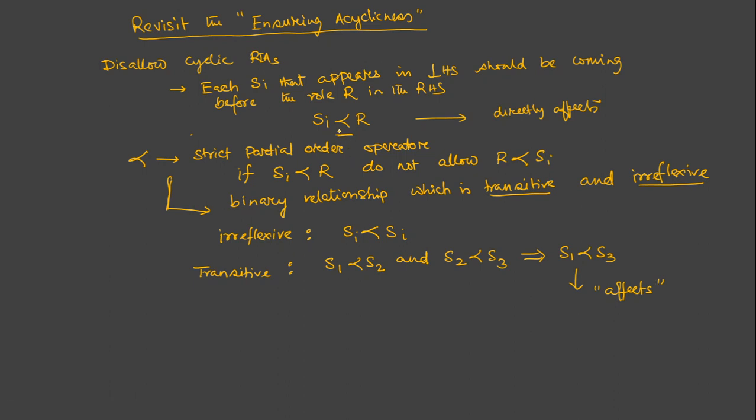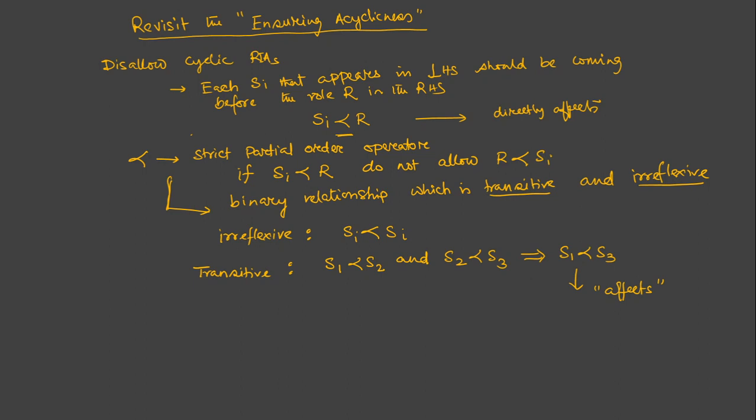So if we have a single chain here, right, Si comes before R, so this models directly affects. And if we can combine multiple such chains, so that will bring us to the transitivity in the directly affects relationship, and the transitivity will imply the affects relationship between two roles. So if S1 directly affects S2, S2 directly affects S3, then we can say that S1 affects S3, right?